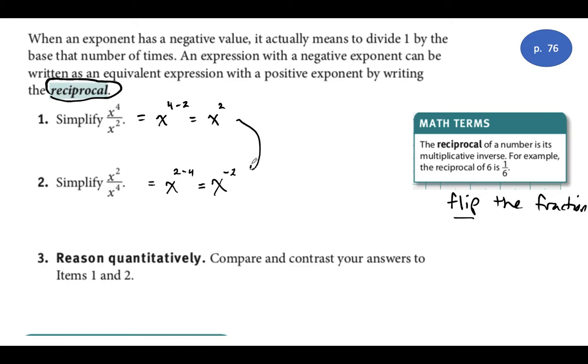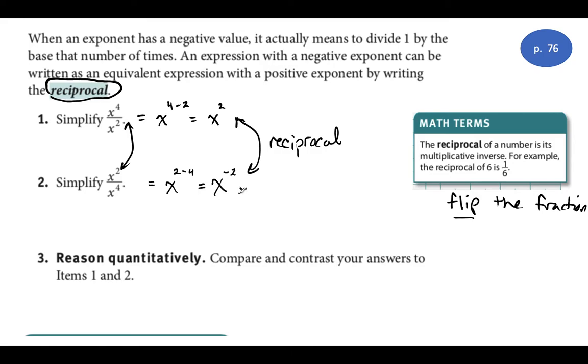So these are reciprocals of each other, right? X to the fourth on top, x squared on the bottom. We flip it, we get x squared on the top and x to the fourth on the bottom. So if you have the same power and one's negative and one's positive, these are reciprocals of each other.